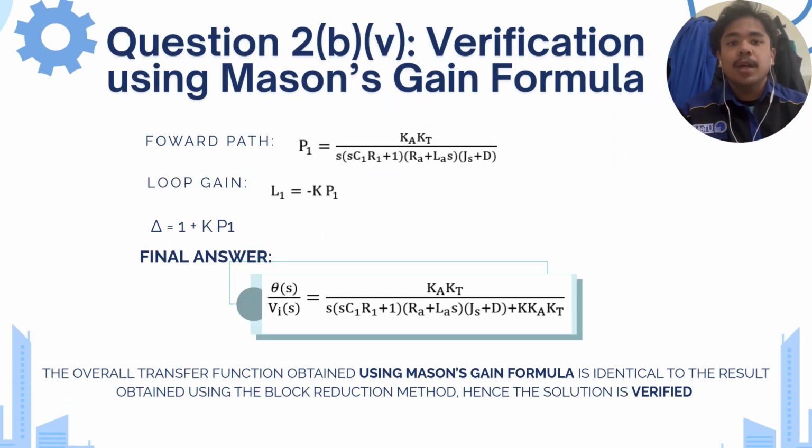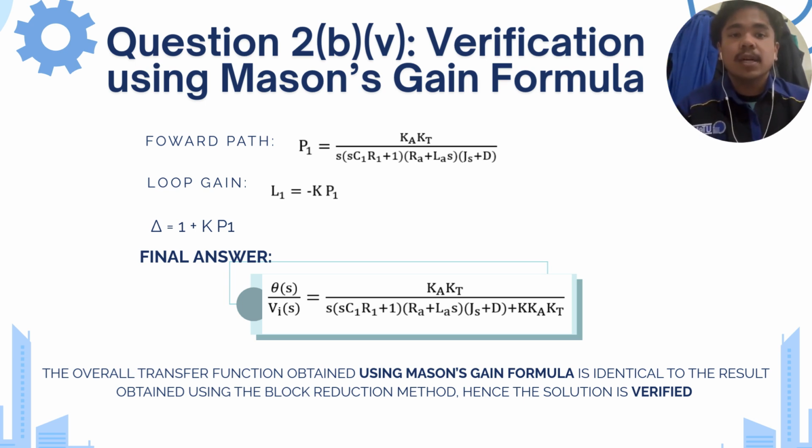For question B5, we are required to verify the overall transfer function obtained earlier using the Mason-Gain formula. First, the signal flow graph of the system is drawn based on the block diagram. Next, the forward path gain is identified, followed by the feedback loop gain.